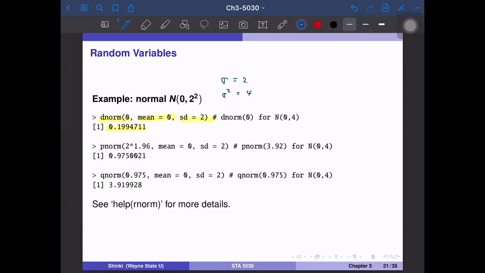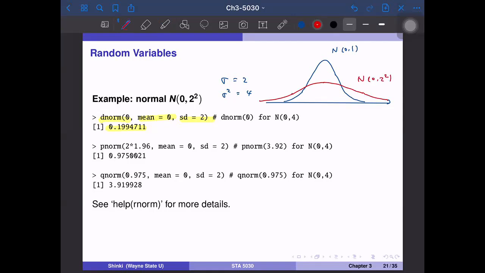So suppose the standard normal distribution is like this. So this is normal 0, 1. Then how about normal 0, 2 squared, normal 0, 4? That is twice as wide, like this.